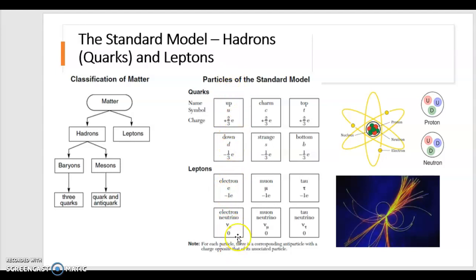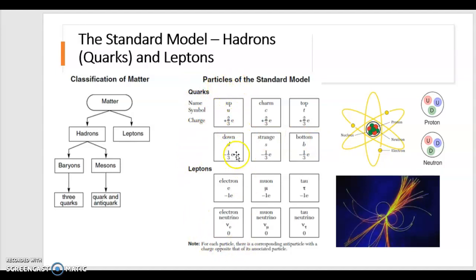We call this generation one. And that's really what all matter is made up of, that we see, we experience every day, right? The up and the down quark make our protons and neutrons. The electron is the electron, and atoms are made up of protons, neutrons, and electrons. And so everything that we experience in our day-to-day life is right here in this first column.